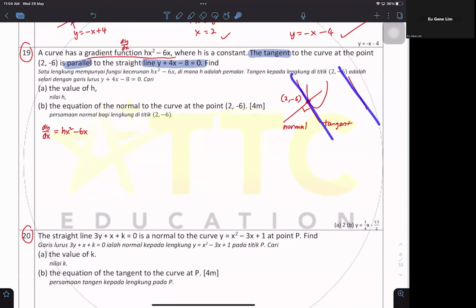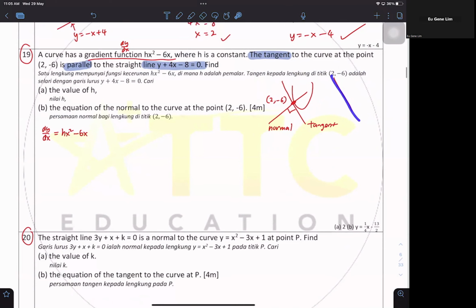The line has nothing to do with the curve. It just happens to be parallel with the tangent. Label it: this line is y plus 4x minus 8.